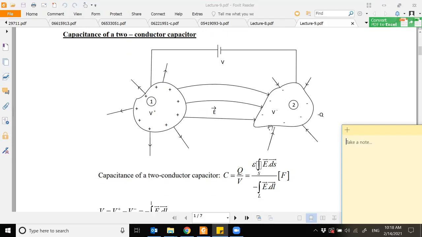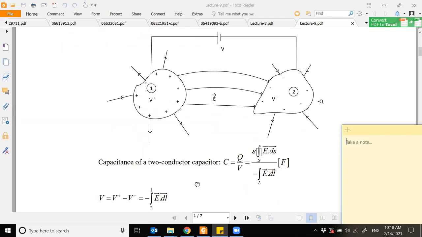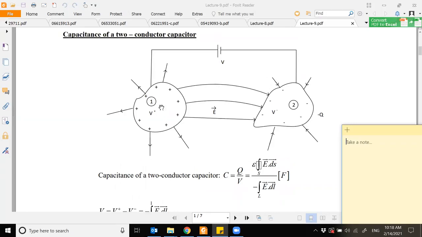Now, in this case, what will happen? A capacitor will be created. And the capacitance of these two conductors is given by C is equal to Q over V. Q is the magnitude of the charges and V is the potential difference at which you have kept these two conductors.